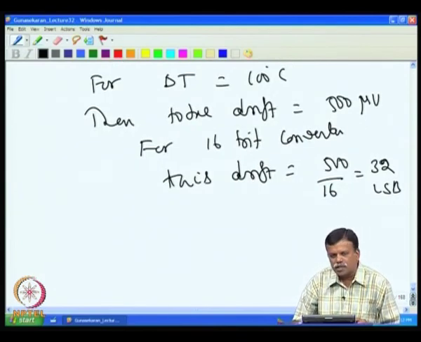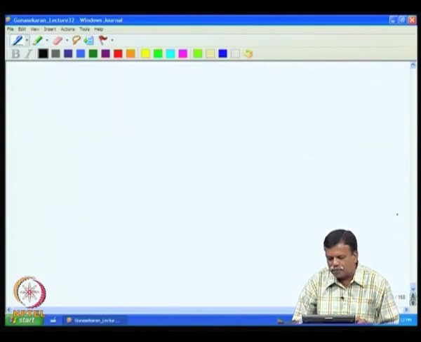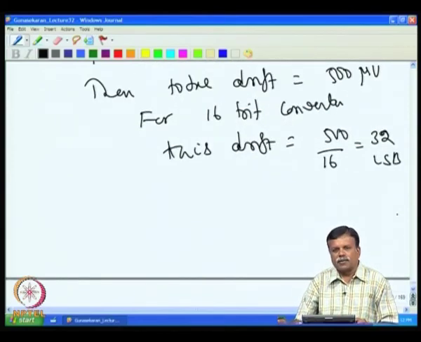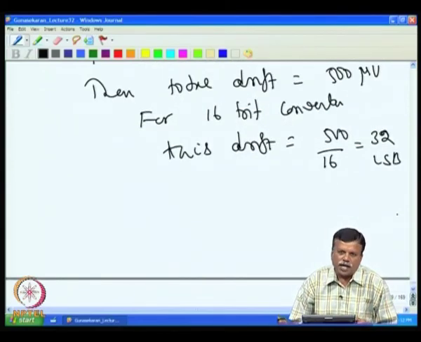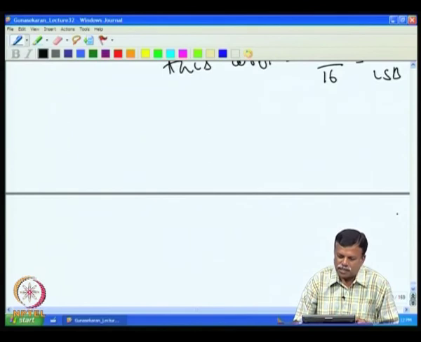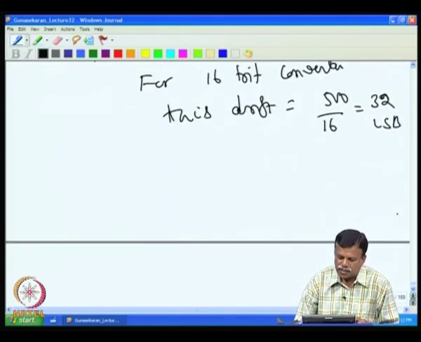The gain drift also will produce an error that one can calculate from the data sheet. So, one has to be aware that in most of the 8-bit converters you can believe that resolution is 1 LSB and accuracy is also easily achievable to the extent of 1 LSB. But for 12-bit and 16-bit one really has to calculate whether the accuracy and resolution are one and the same.